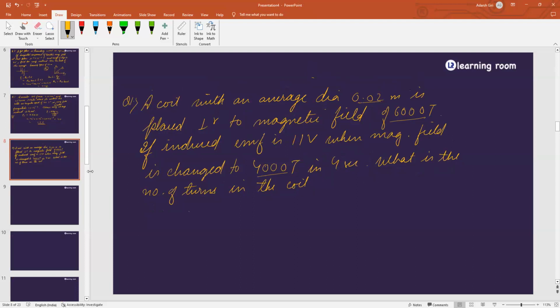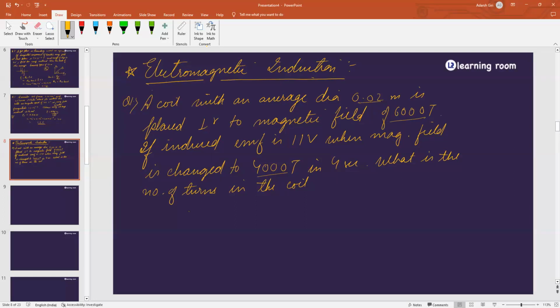Here. So we'll be starting with electromagnetic induction, and we'll be solving questions. Try to solve whatever you know, try to apply. After that, I'll be solving it. This is the first question we'll be starting with.